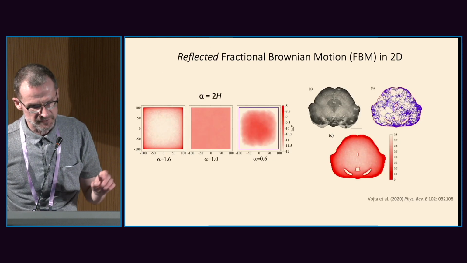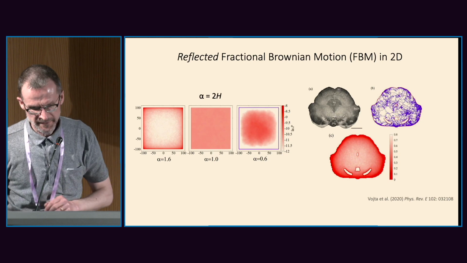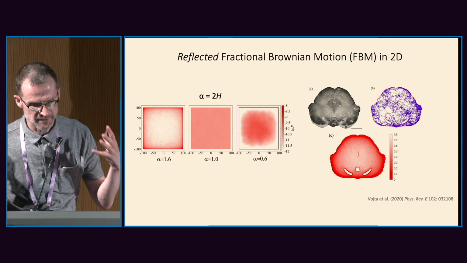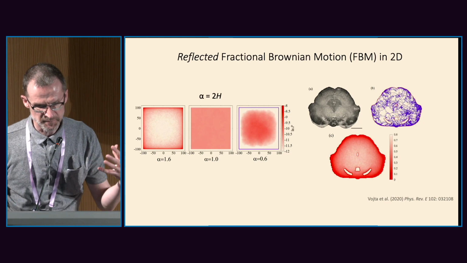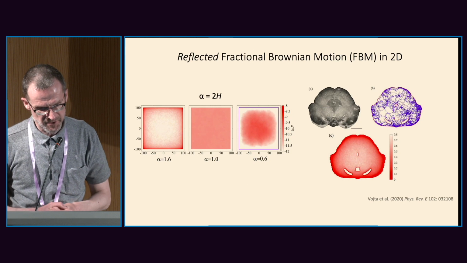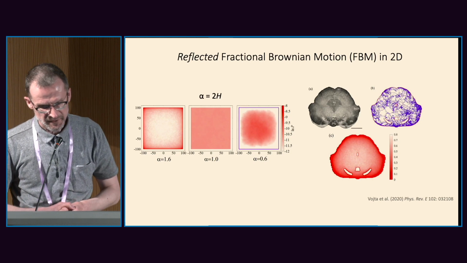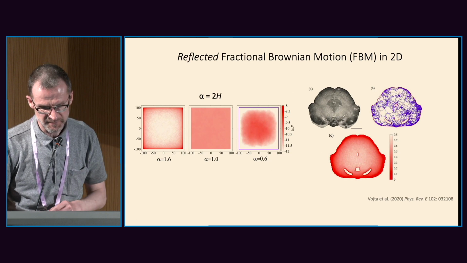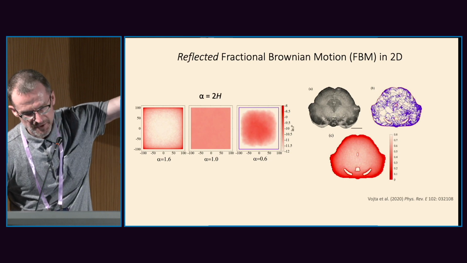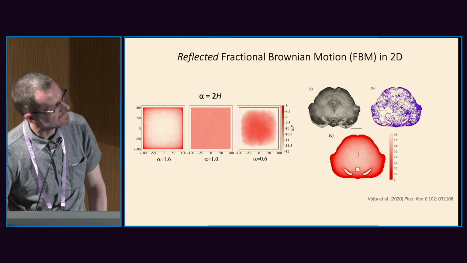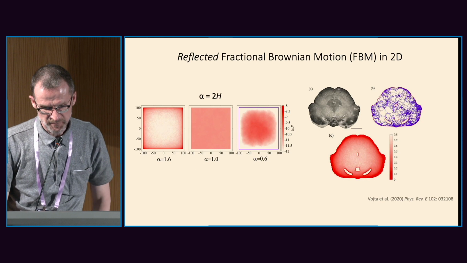So we showed that one can replicate a very significant portion of the experimentally observed distribution by using these fractional Brownian motion trajectories. This is one of the papers that we published, and because my time is limited, on the right side, you see an actual section through the midbrain, and the red one is fractional Brownian motion in that shape.